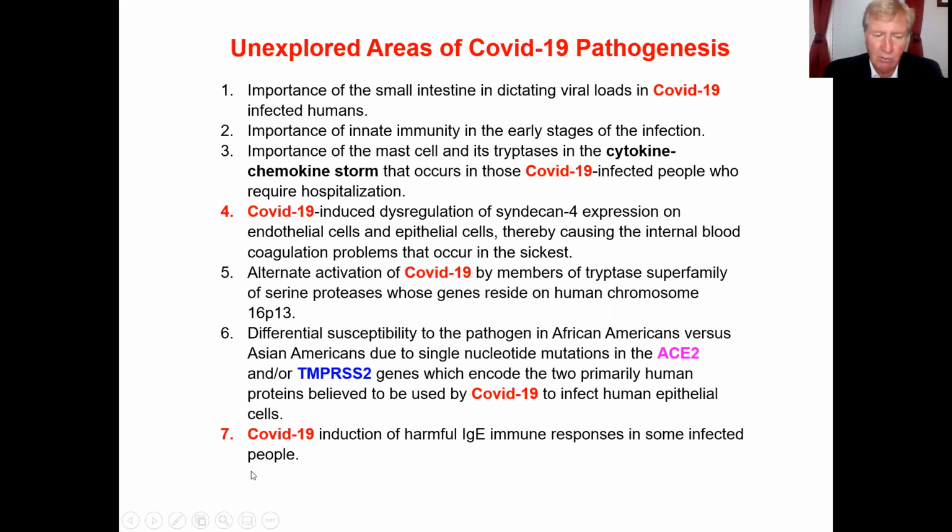And the last point: does COVID-19 induce harmful Ig responses in some affected people? Most of you who listen to this talk probably already had your first shot. What was the one question that they asked you before they would give you the vaccine? Are you allergic? Do you tend to develop allergic reactions to antigens? If you do, they wouldn't give you the vaccine.